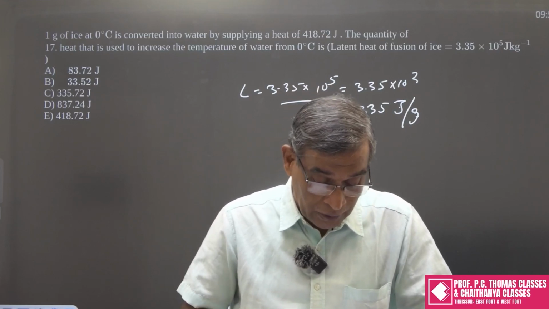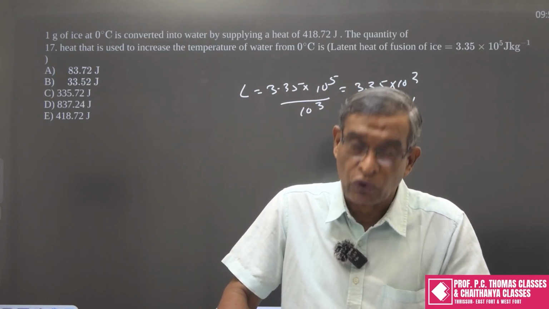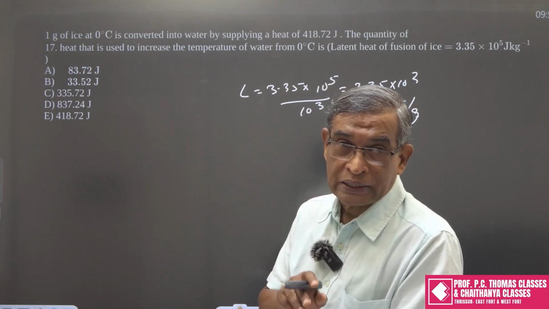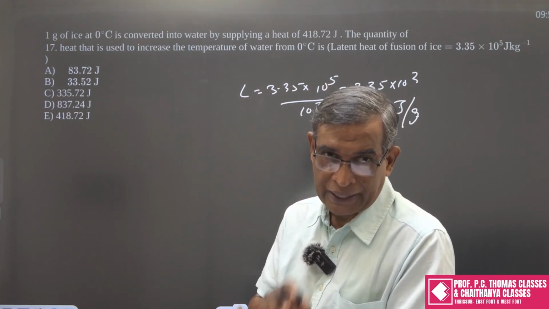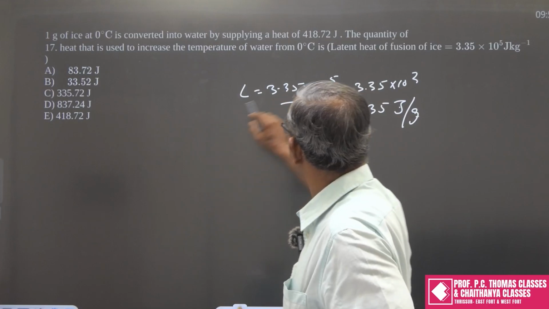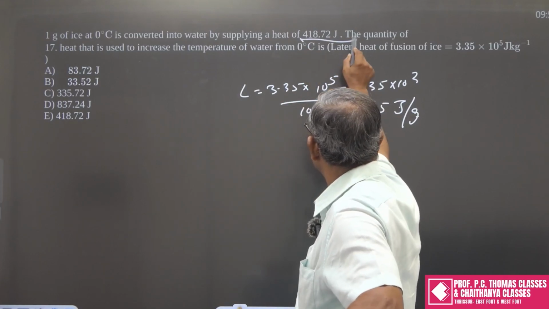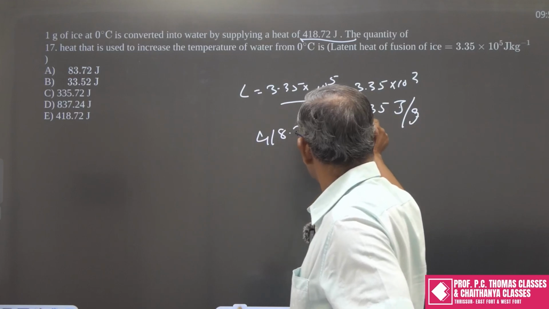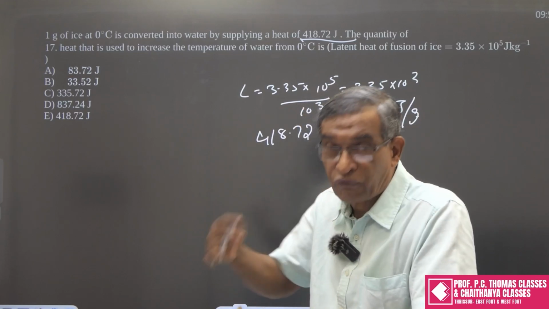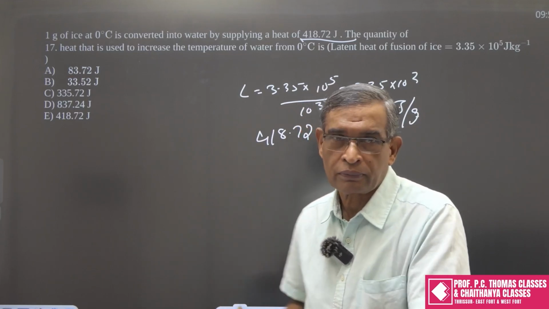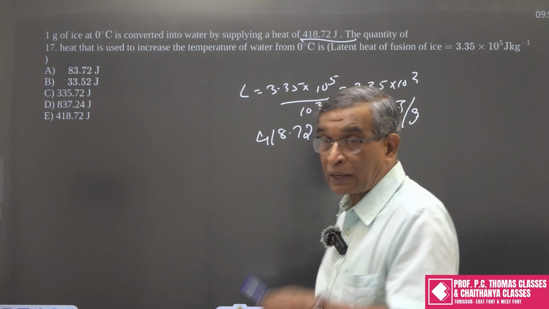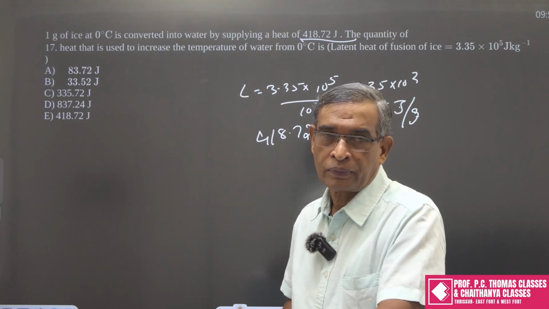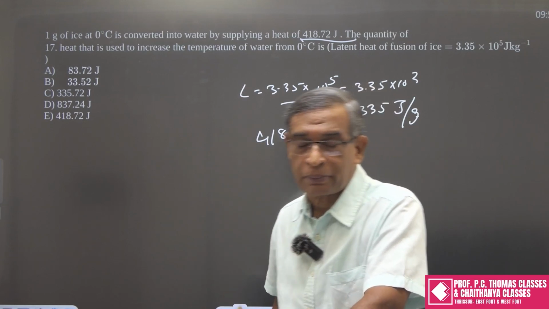In our problem, how much heat did you give? 418.72. It is given that you gave this much. Of that, 335 joule is used just for the phase change, ice to water. The remaining heat, if any, is used for the rise in temperature. During the phase change, there is no change in temperature.